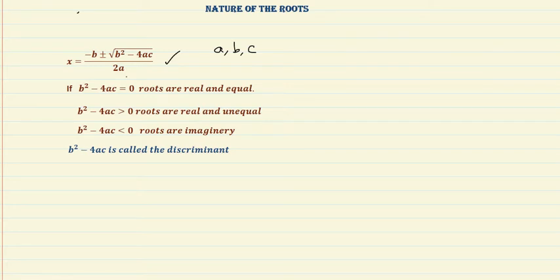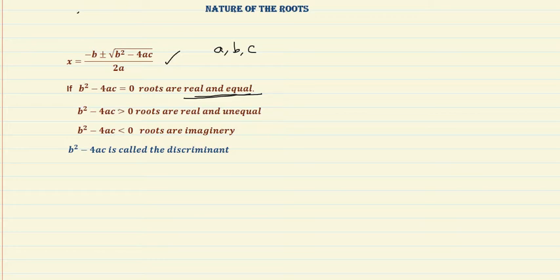If b square minus 4ac is equal to 0, the roots are real and equal. The question will ask you to determine the nature, so if you get the value of b square minus 4ac equal to 0, you can easily write down that the roots are real and equal.